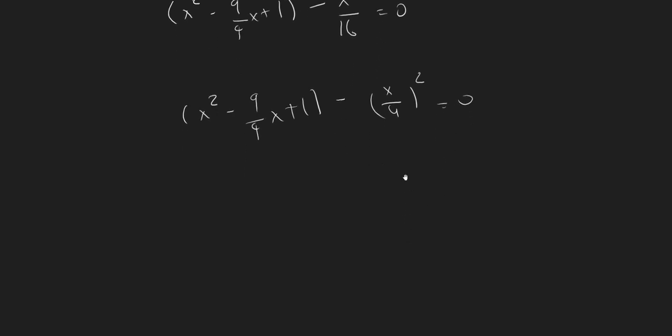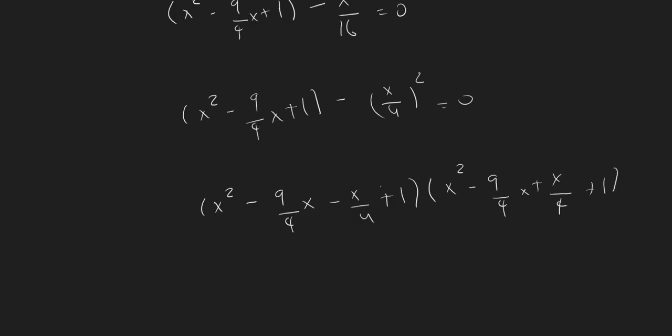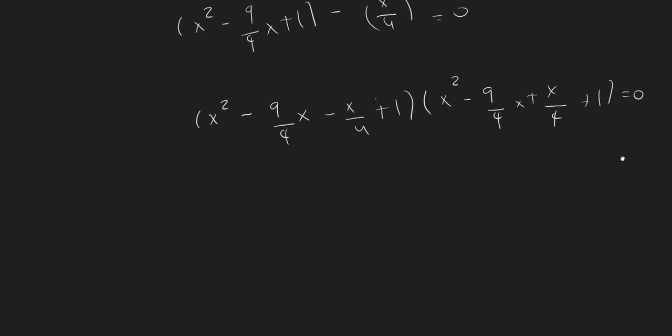And anyone who knows basic algebra knows what to do now. x squared minus 9 over 4 x minus x over 4 plus 1, and x squared minus 9 over 4 x plus x over 4 plus 1. And don't forget about the 2 that we originally factored out. We have to factor that in too. But let's simplify this for now.